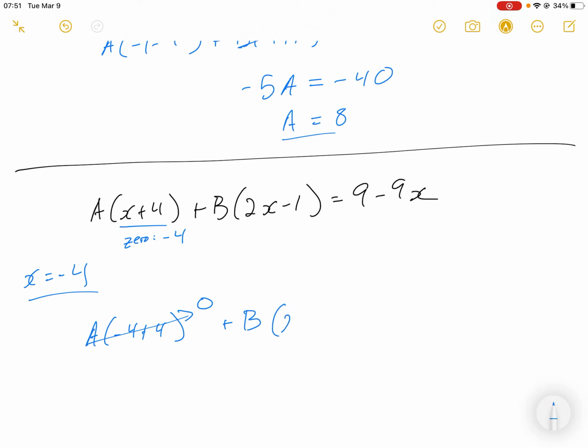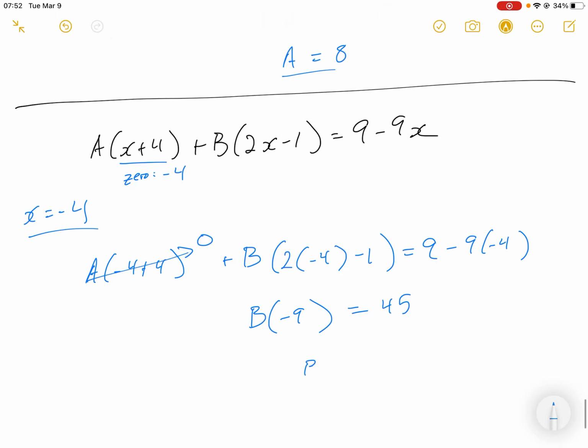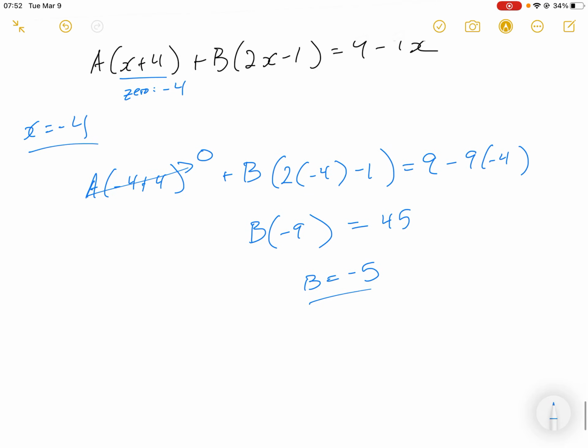And then I have b times (2 times negative 4 minus 1). So I have b times (negative 8 minus 1), which is negative 9. 9 plus 9 times 4 is 36, so we get 45. And so then b ends up equaling negative 5, which is what we got before.